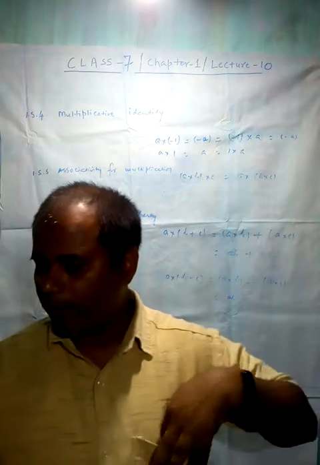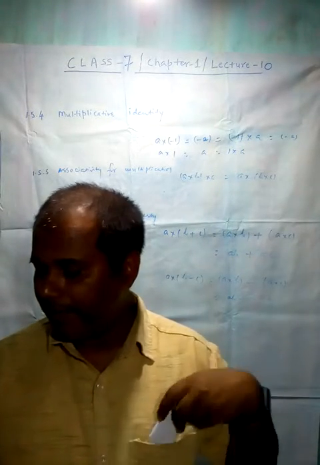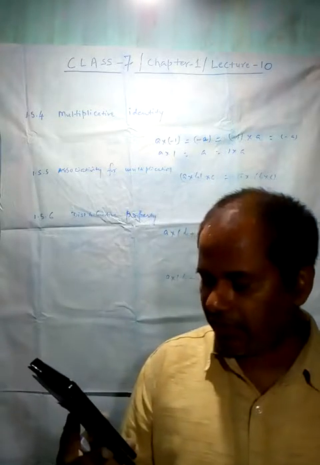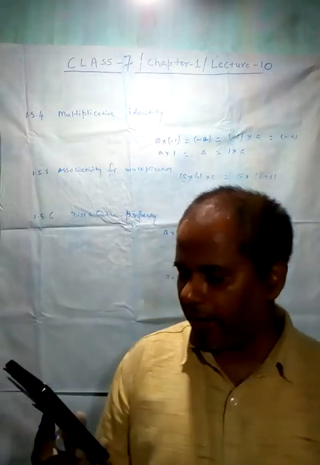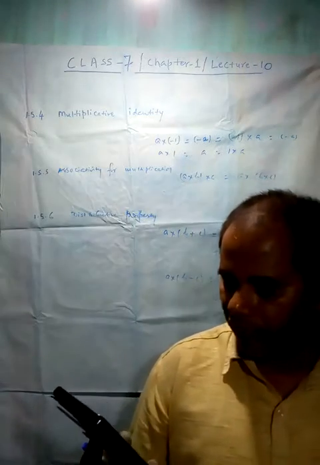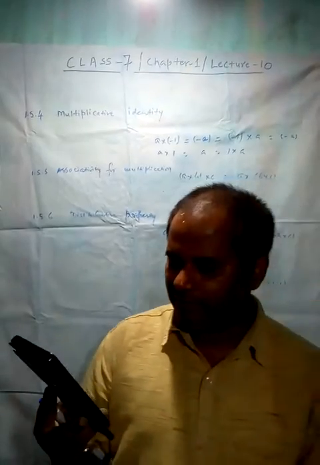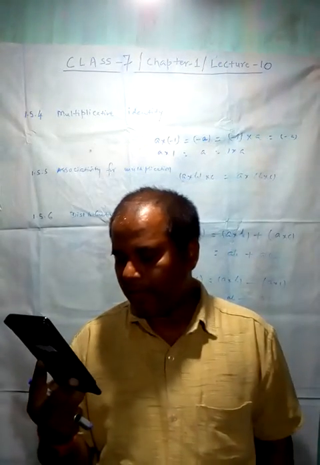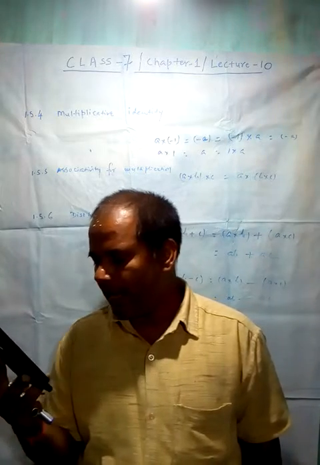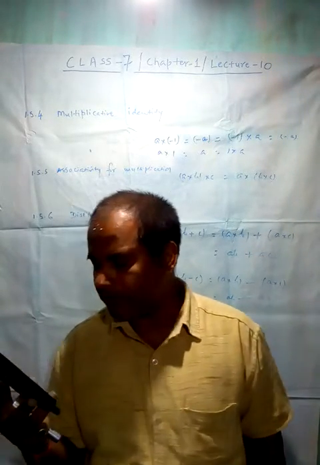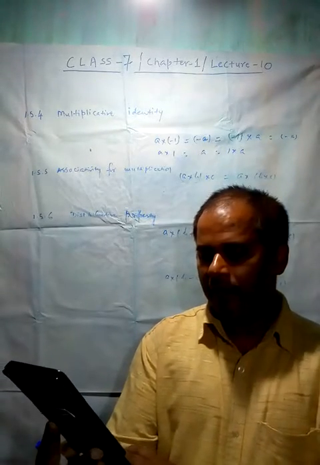Next point is 1.5.7, making multiplication easier. Consider the following. We can find minus 25 into 37 into 4 as minus 25 into 37, grouped together, into 4, which is equal to minus 925 into 4, that is minus 3700. Or we can do it this way.